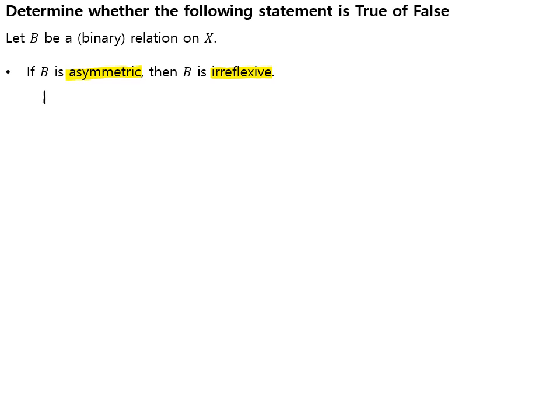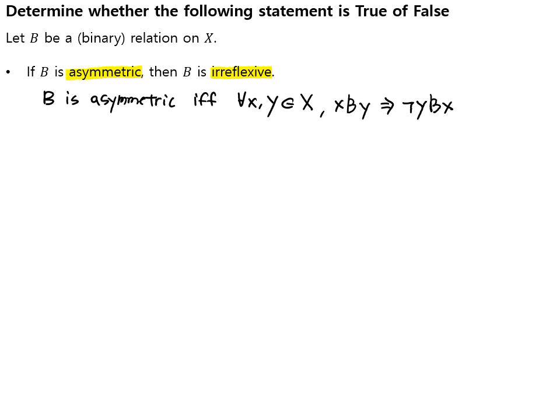So again, consider what the definition of asymmetry was. A binary relation B is asymmetric if and only if for all elements x and y in X, the fact that x is related to y implies that y is not related to x.